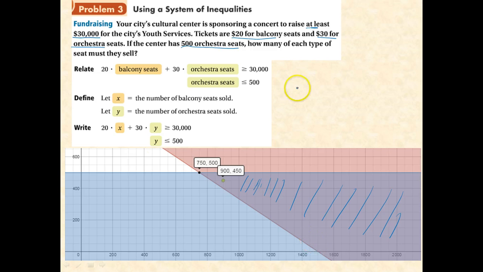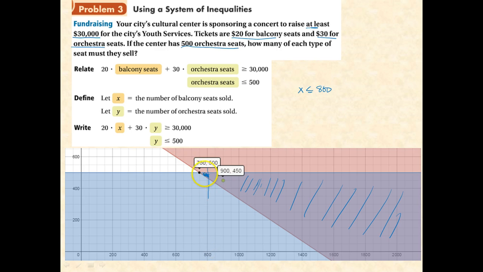Now, in real life, there's probably going to be a limit to the balcony seats too, right? So say if they have only 800 balcony seats, then you would have to say that x is less than or equal to 800, which would give you a vertical line right here, and we would shade this way, which would give you a really small area of values that you could do.